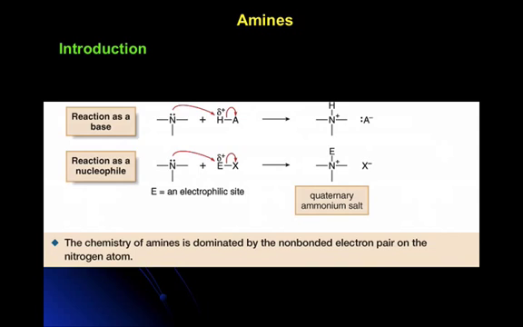If I take a tertiary amine and I throw it into an alkyl halide, for example, so something that has a good leaving group, okay, so here E would be a carbon atom, we can form a new nitrogen-electrophile bond and end up with a quaternary ammonium salt as well. So this is what happens if I take an amine and I place it in, let's say, methyl iodide. I will get a new carbon-nitrogen bond. And these reactions actually occur pretty well.